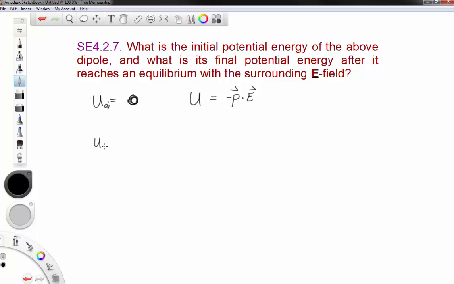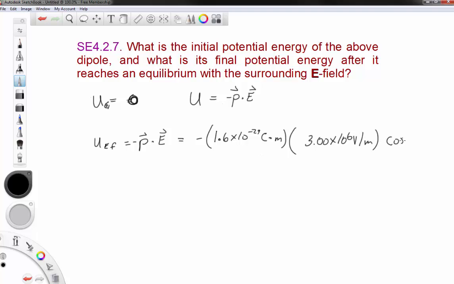Finally, we have U E final, and that is going to be negative P dot E final. So that's the negative of P, which again was 1.6 times 10 to the minus 29 coulomb meters, and we're dotting that with the E field strength, which again is 3.00 times 10 to the 6th volts per meter.